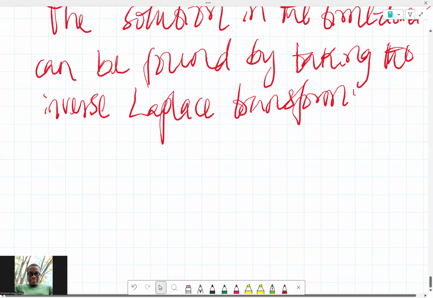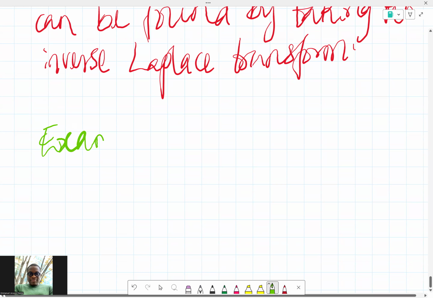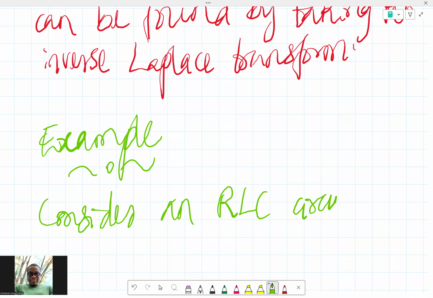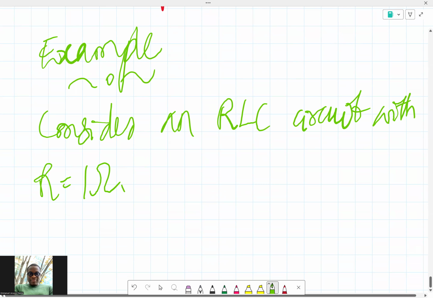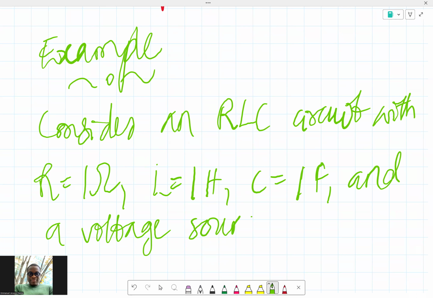Okay, so example: consider an RLC circuit with resistance 1 ohm, inductance 1 Henry, capacitance 1 F, and a voltage source V of t equals 1 V as a step input.